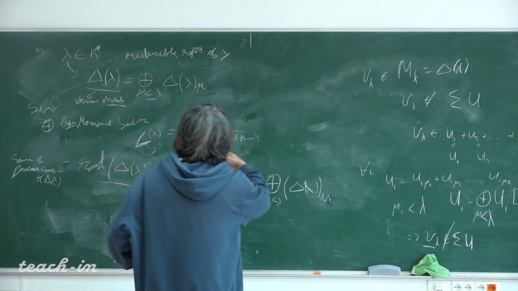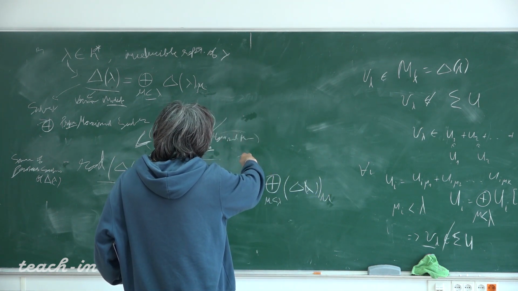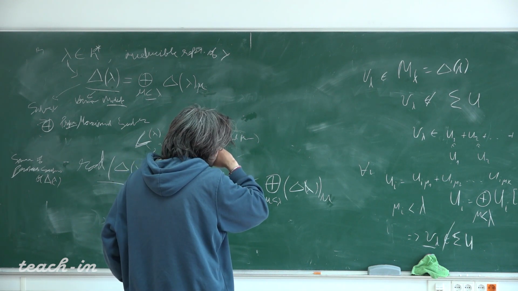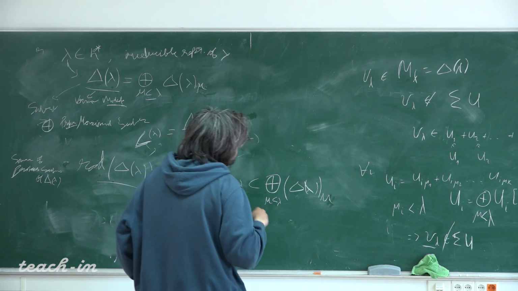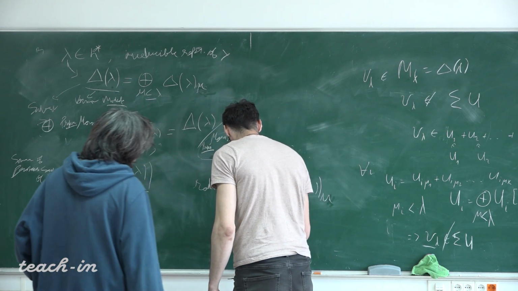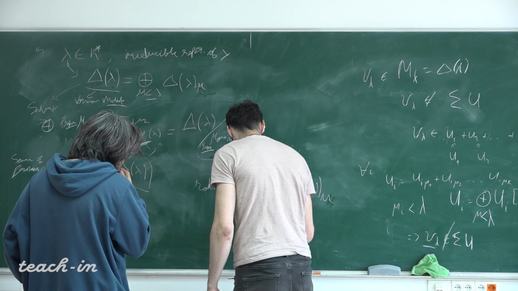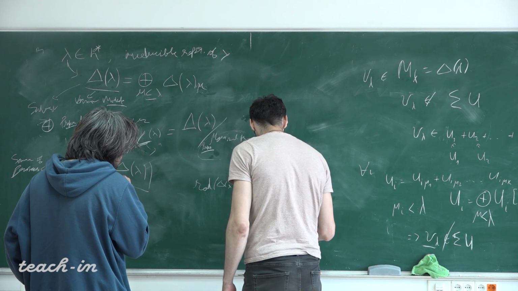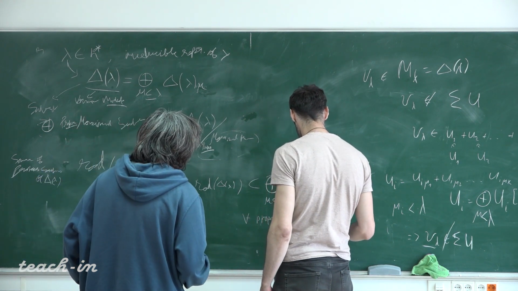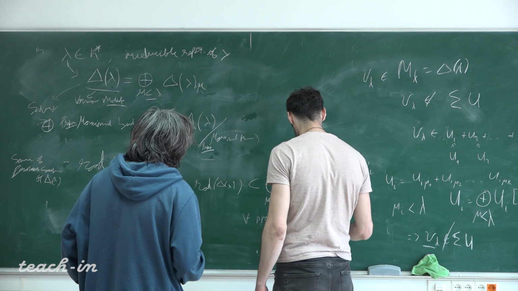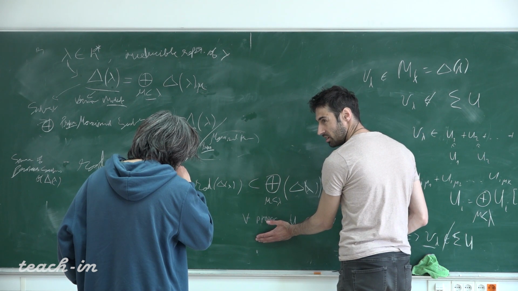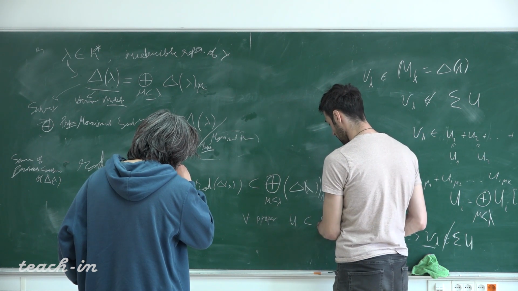It means that every proper submodule U is inside the sum over U. So if you take any submodule, it will be inside.